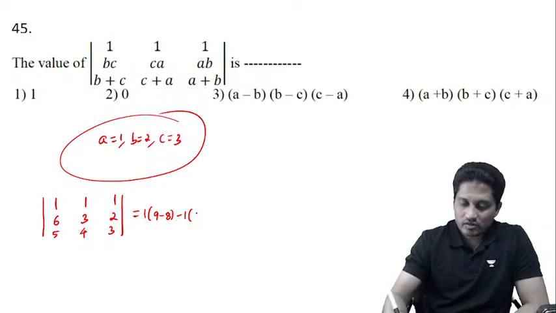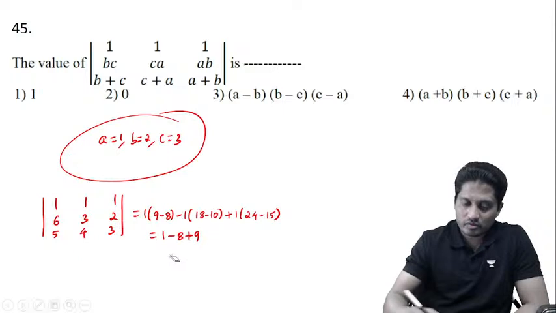Delete first row, second column: 18 minus 10. Delete first row, last column: 24 minus 15. So we get 1 into 1, minus 8, and then plus 9. 9 minus 9 is 0. This should be equal to 2, right? Sorry, this is equal to plus 2.